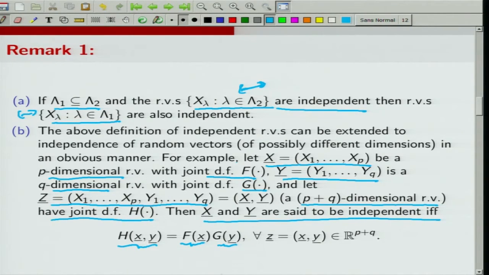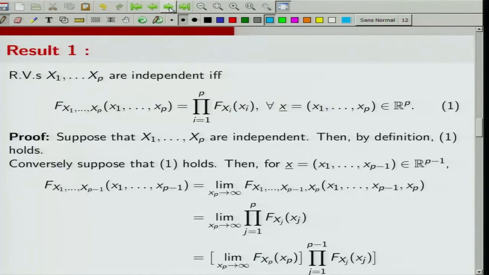Now let us see how to check whether a given set of random variables are independent or not. It says random variables X1, X2, ..., Xp are independent if and only if the joint distribution function of the whole collection of random variables is the same as the product of marginal distribution functions. Note that by definition, X1, ..., Xp would be independent if and only if the joint distribution function of any sub collection is the same as the product of marginals.